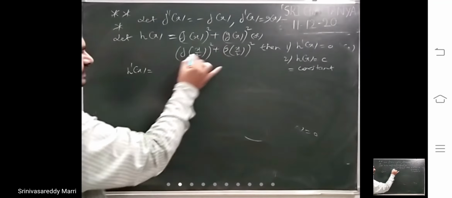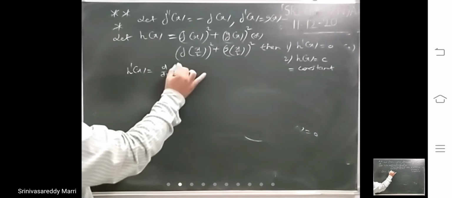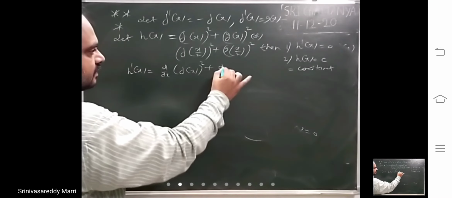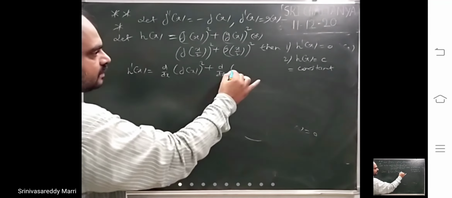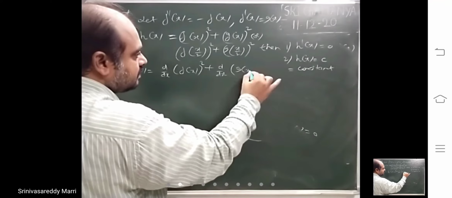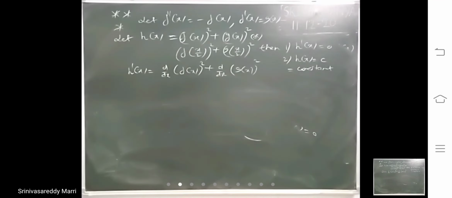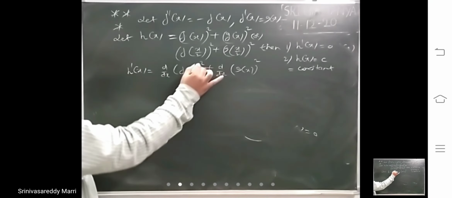So d by dx of the right hand side. Now look at f of x whole square.